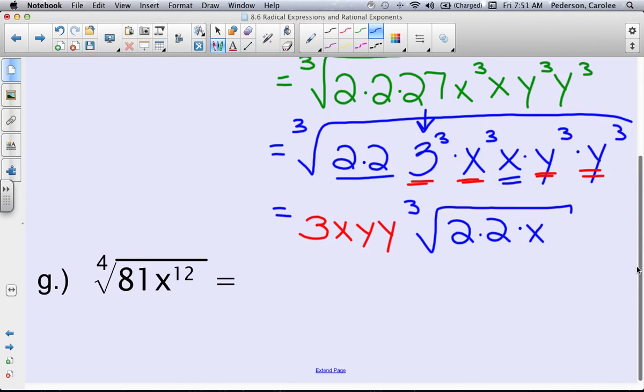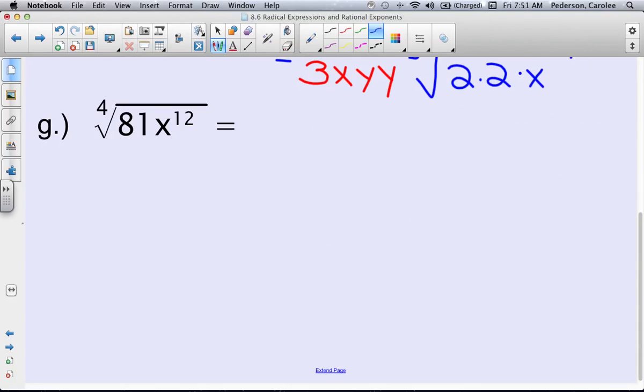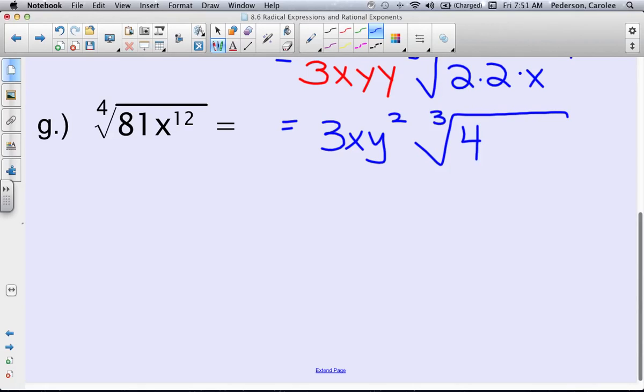So then my final answer is 3x y squared, and then the cubed root of 2 times 2, which is 4, and then x.